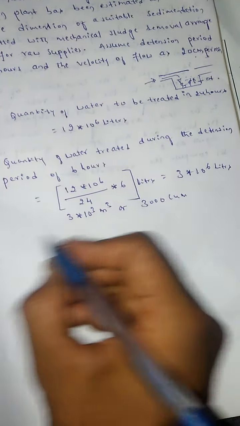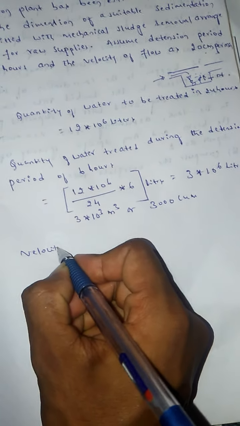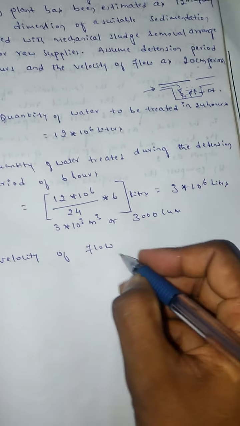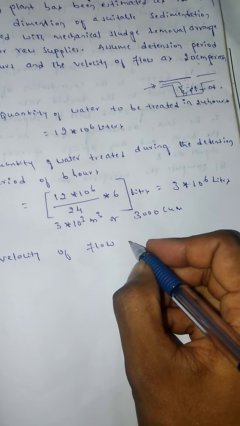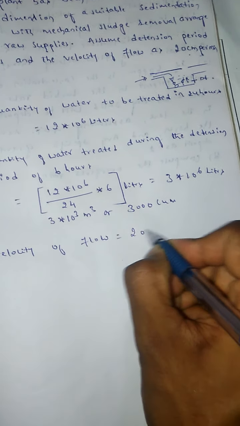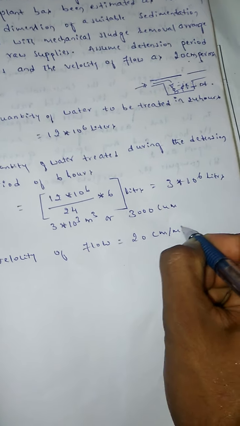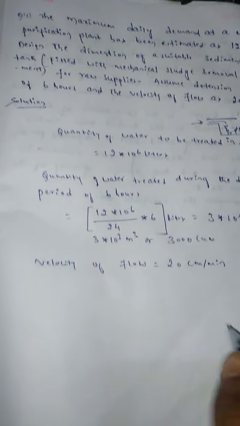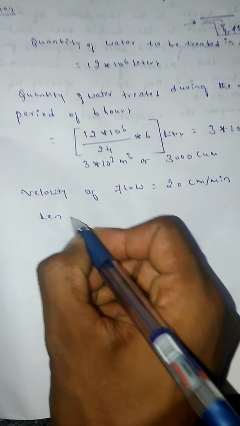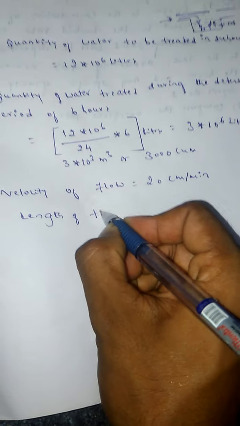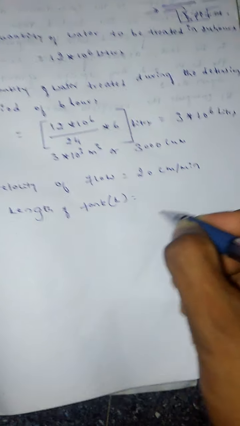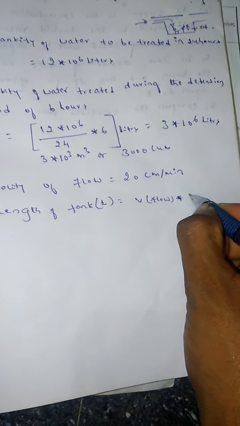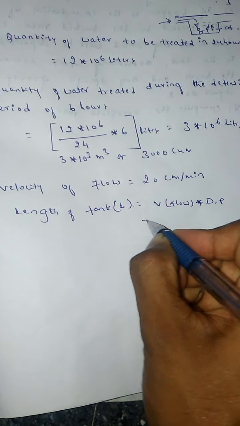So next thing, he has given the velocity of flow as 20 centimeter per minute. So we have the very important formula here. Length of tank L is equal to velocity of flow into detention period.